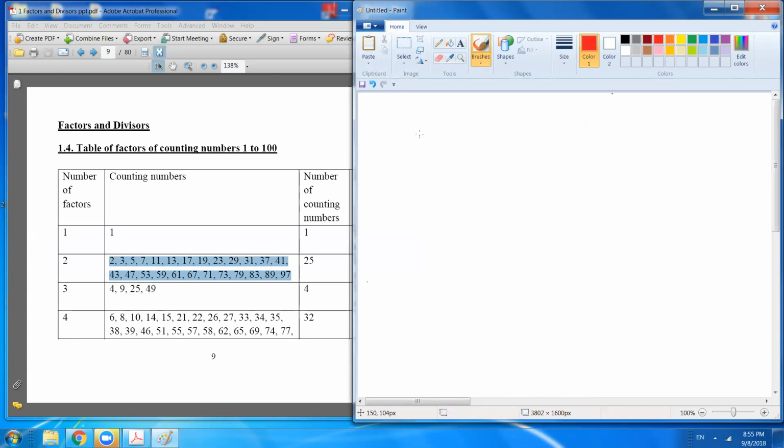Who can memorize what you get for prime numbers after 97? After that, 101, 103, right? 107, 109, right? This is all good.